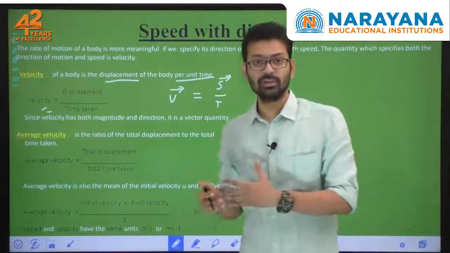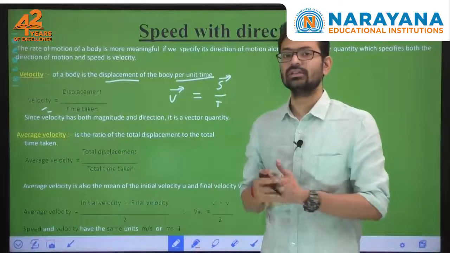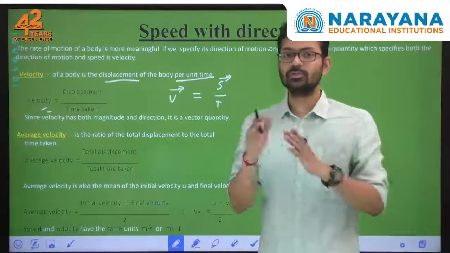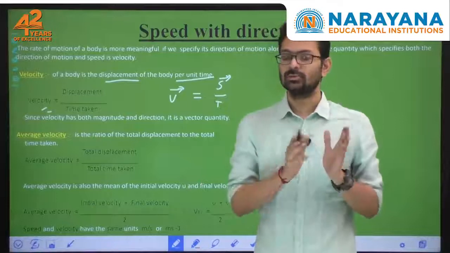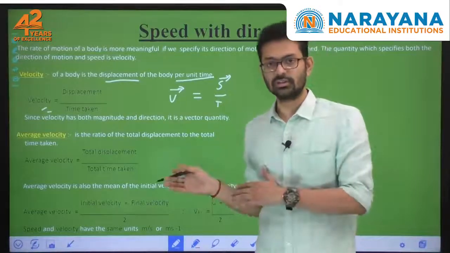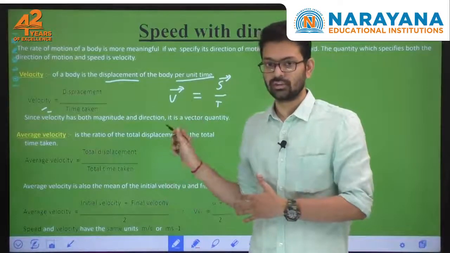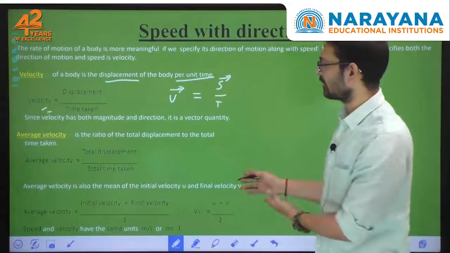The other name of speed with direction is velocity. The difference between speed and velocity is that speed is distance by time, whereas velocity is displacement by time. Now we are talking about velocity. Now let us talk about average velocity.